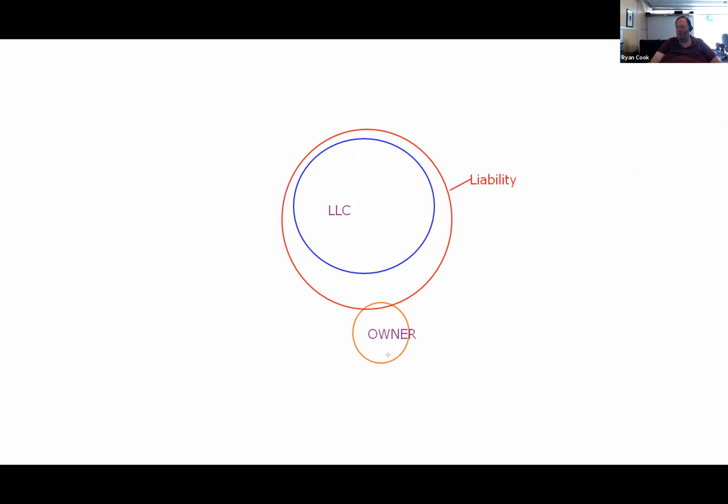A little bit may fall on the owner, but it's mostly the LLC. But for taxes, we will do this. It has pass-through taxes. So he has the liability sitting outside of him.